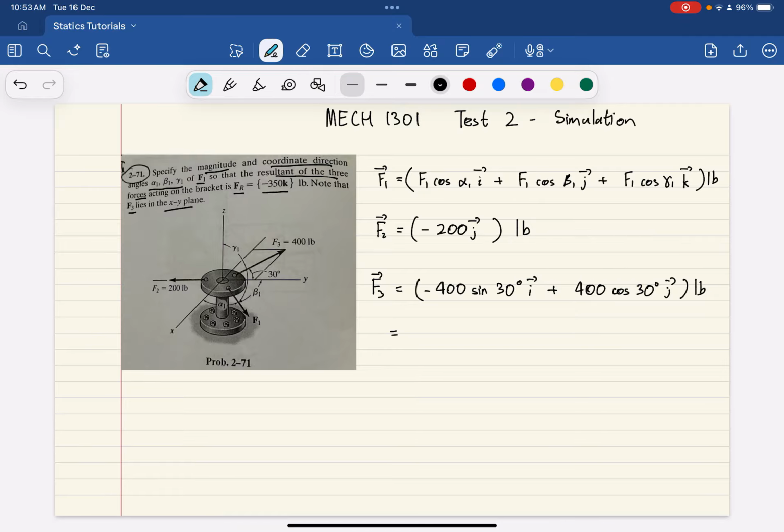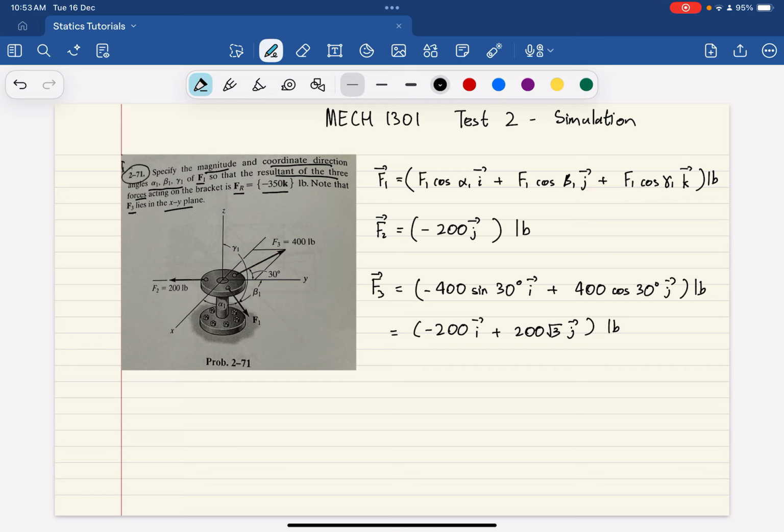Negative 400 sine 30 becomes negative 200 i, and 400 cosine 30: cosine 30 is root 3 over 2, so it becomes plus 200 root 3 j pounds. Just double check, yeah. Alright, perfect. So that's F1, F2, and F3.